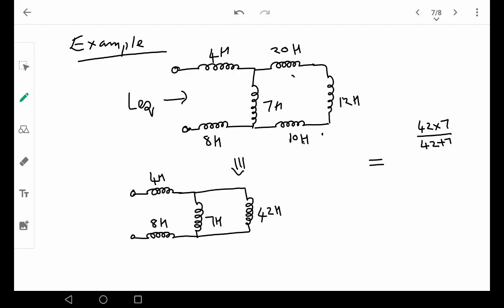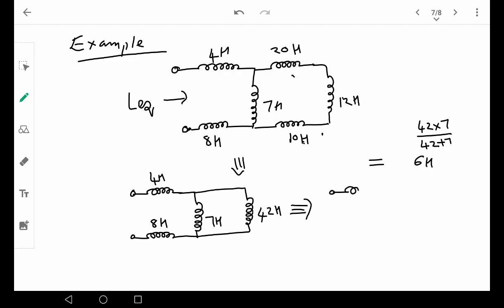Okay, so I will do the calculation here. 42 into 7 divided by 42 plus 7, which is 49, isn't it? So it will come as 6. So it will be equal to 6 Henry.